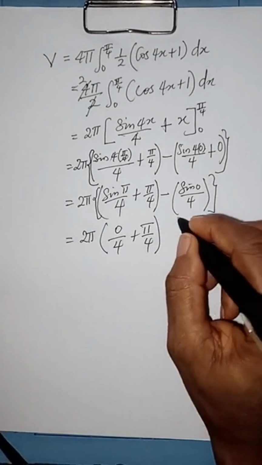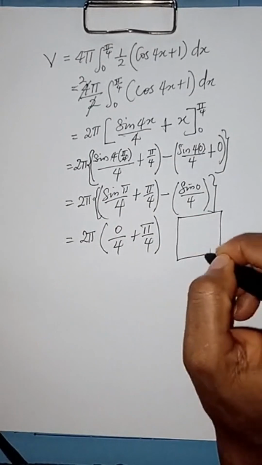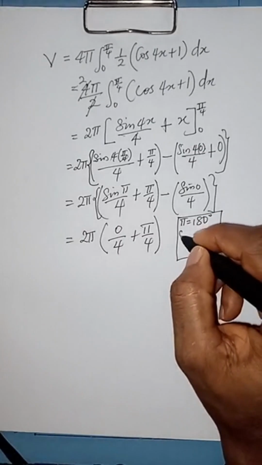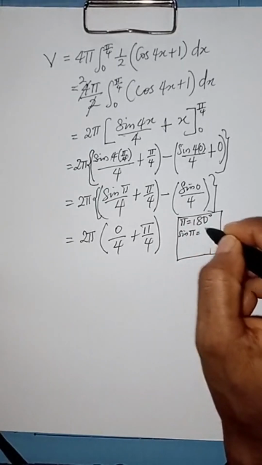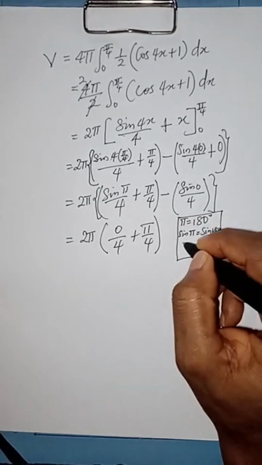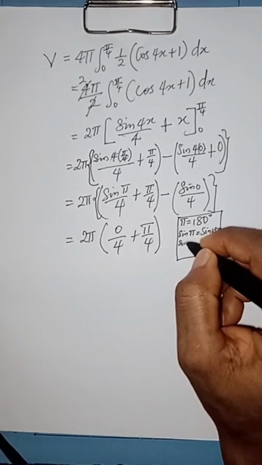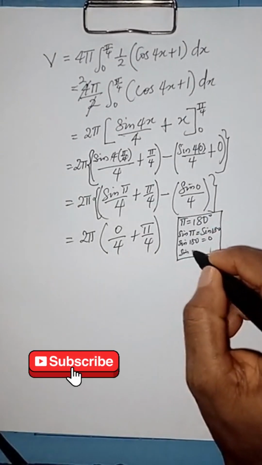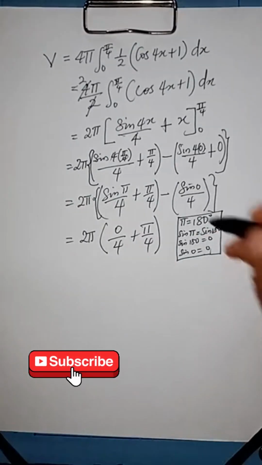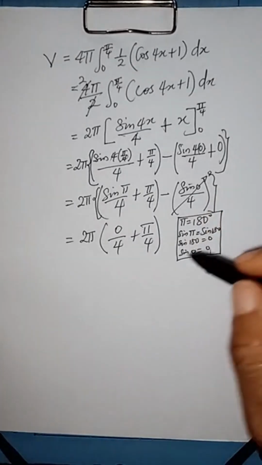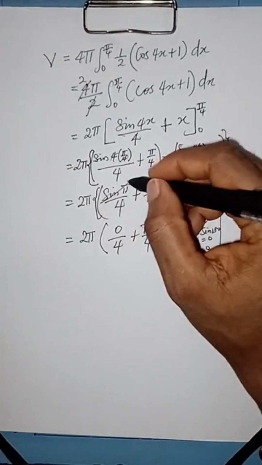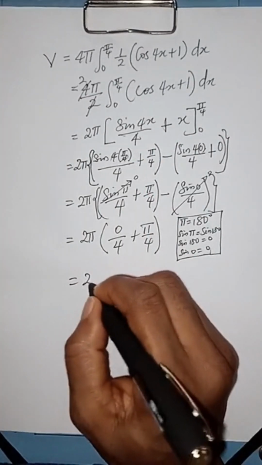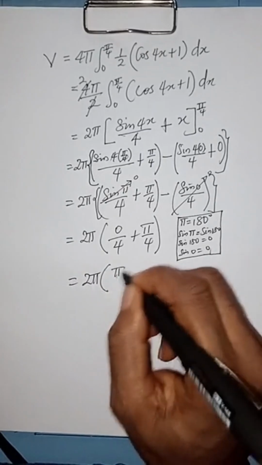Now let me put that here in this box so that you remember: pi is 180 degrees in radian, and so sine pi is sine 180, and sine 180 is equal to 0. Sine 0 is equal to 0. So that's how this became 0, and this numerator also became 0. So 0 divided by 4 is 0, and I'll be left with 2 pi divided by 4.